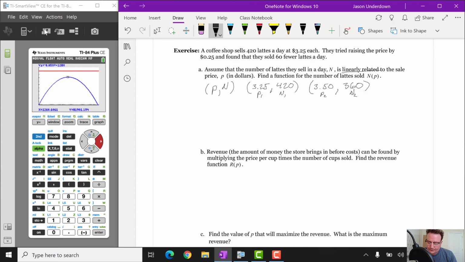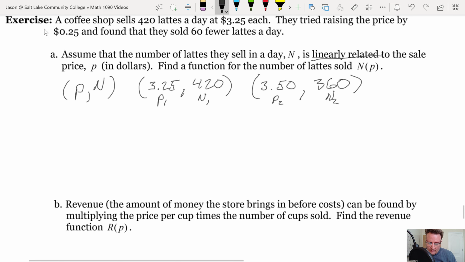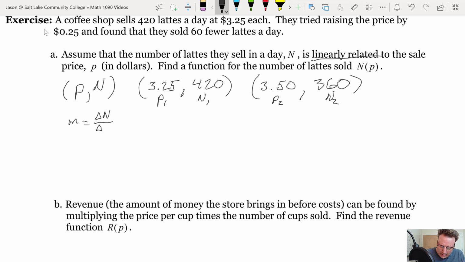And let me make this bigger. There's no need to keep this so small. And now I need to get the equation of the line. So I'll use the point slope form, but before I do that, I need to get the slope. So m is going to be the change in the dependent variable, change in N, divided by the change in the independent variable P. This change in N, remember delta, for difference, means N2 minus N1.